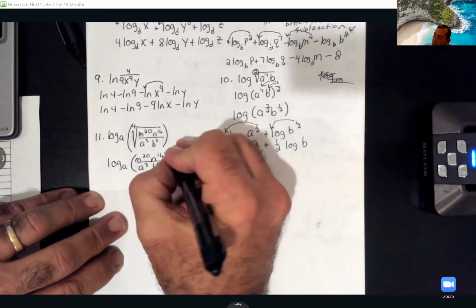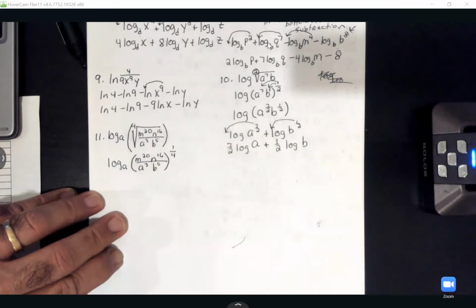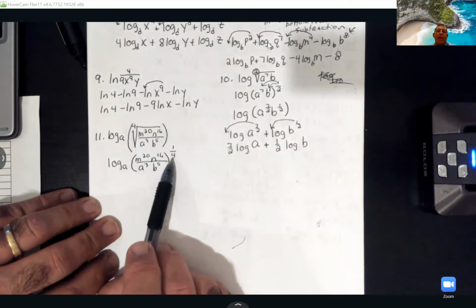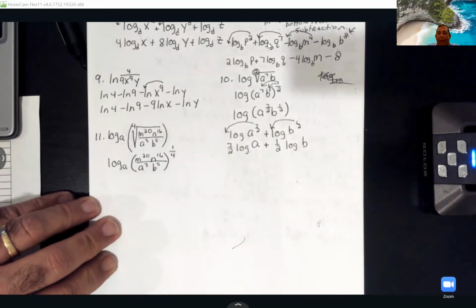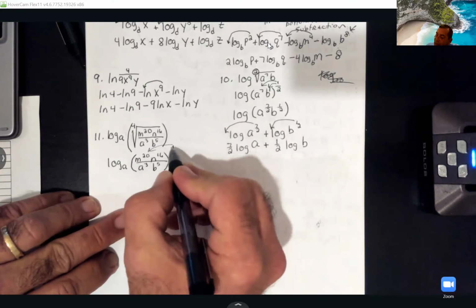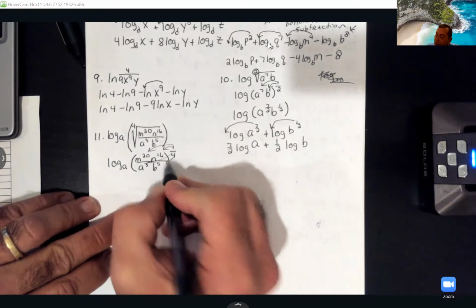Well, that'll be what? 1 over 4. Okay, so remember, radicals, that index is always the bottom number of the fraction. All right, so now we got to distribute that 1/4 and multiply by every exponent under here.